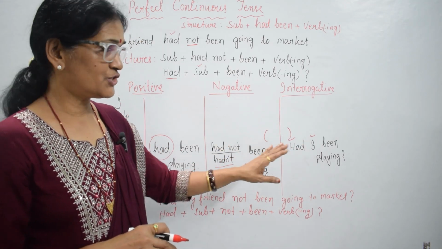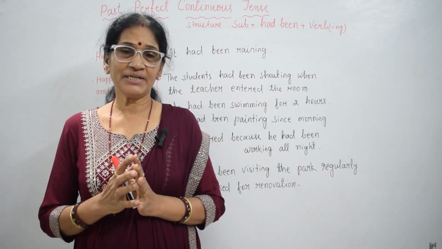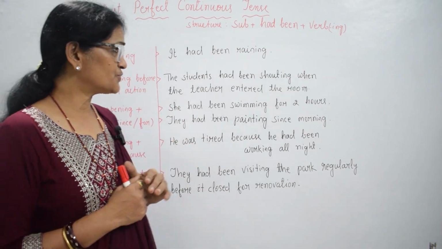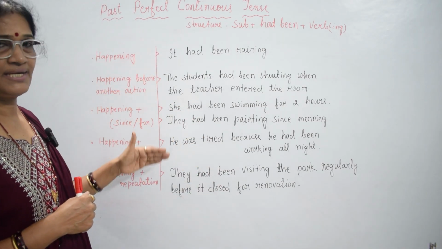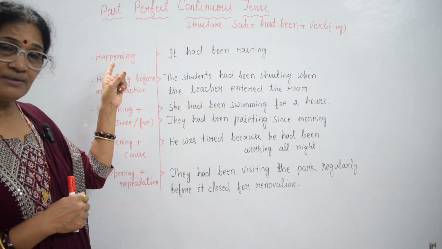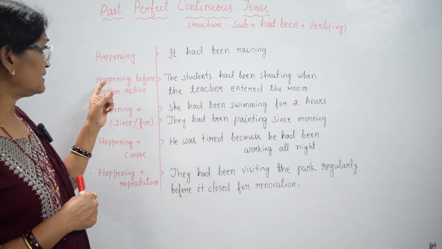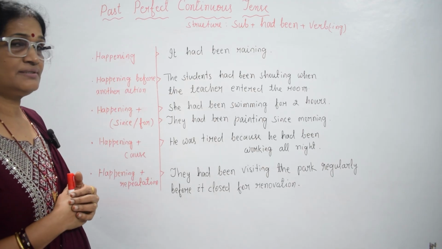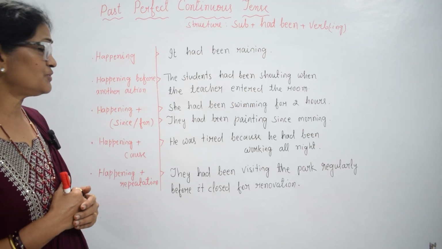This is the structure. The past perfect continuous tense is used in the following contexts. Something happening in the past, something happening before another action, we use past perfect continuous.